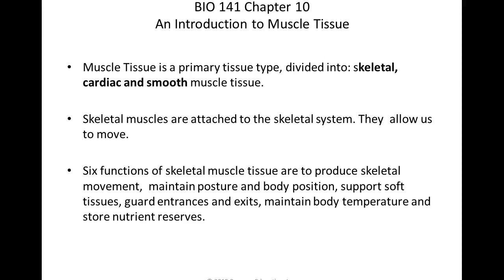But this whole concept of being able to hold your head upright, being able to stand up, being able to sit up, and even having tone itself. Having some degree of contraction of the muscles is what we call muscle tone. A little bit different than posture and body position, because with body position you are opposed to gravity, I guess I might say.